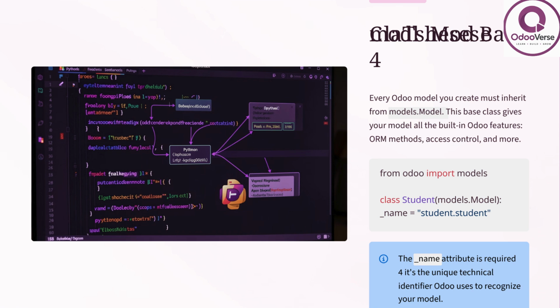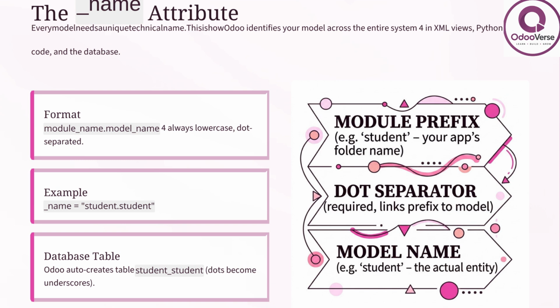This means our student model is inheriting from the Odoo base model. And one very important thing, the _name attribute is required because Odoo uses it as the technical identifier of the model.